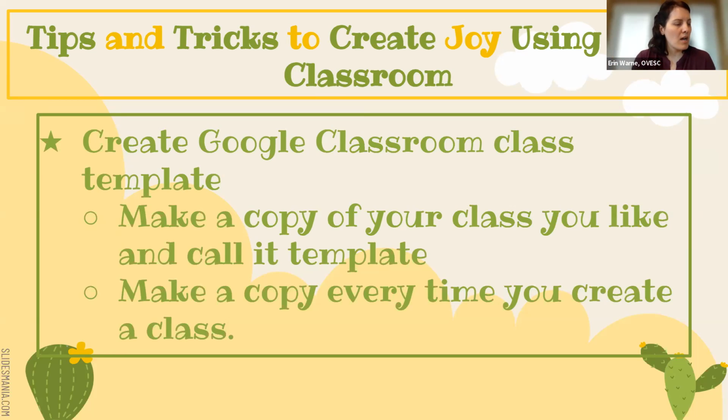But things that will not copy are teacher announcements, deleted classwork items, students and co-teachers, student posts, attachments that you do not have permission to copy, and Google Site files. Those won't copy over. So you're not going to see who was in your class. You're not going to see announcements and things that you posted. None of that stuff's going to copy, but your main work page, that will be there. And again, you can edit it and make it how you like it as well.